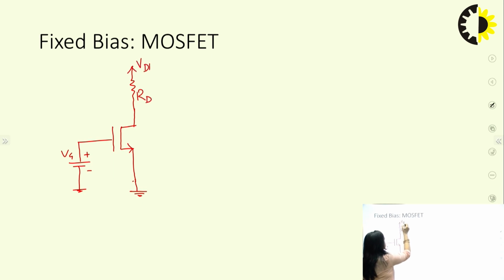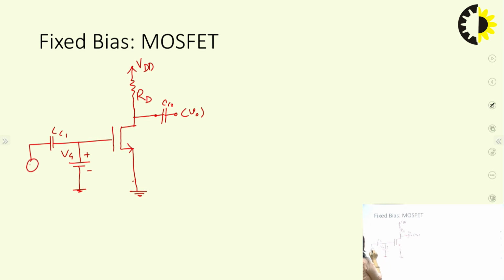We can add this biasing voltage VDD, and here the coupling capacitor CC2 is used to provide V output, and similarly here CC1 is connected to couple the input signal with the MOSFET. So this is the circuit for fixed biasing.